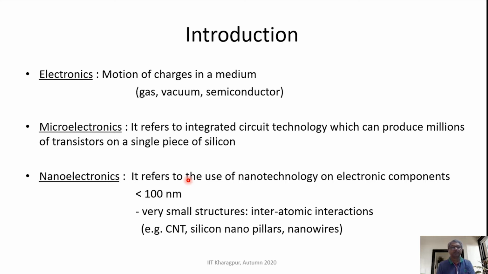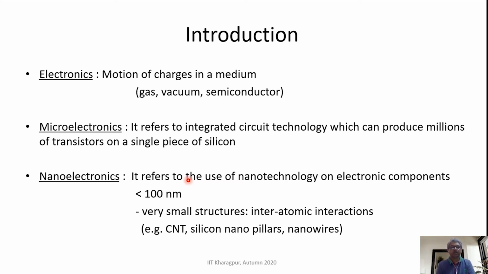In fact, today's microelectronics, these MOSFETs, is in the nano regime, because we are making devices with gate length of around 22 nanometer, 10 nanometer even today. So they are very tiny. That is why we are able to accommodate millions of transistors on a very small single silicon die.